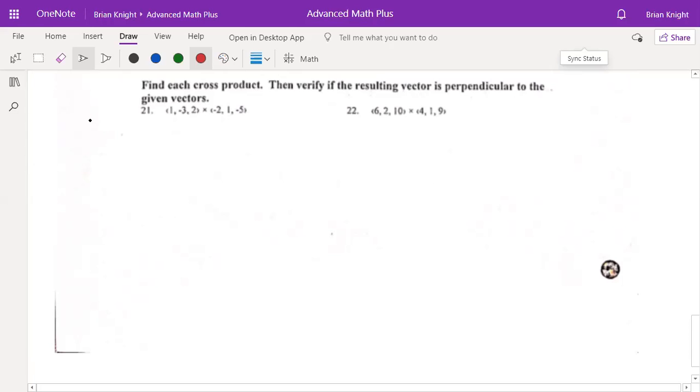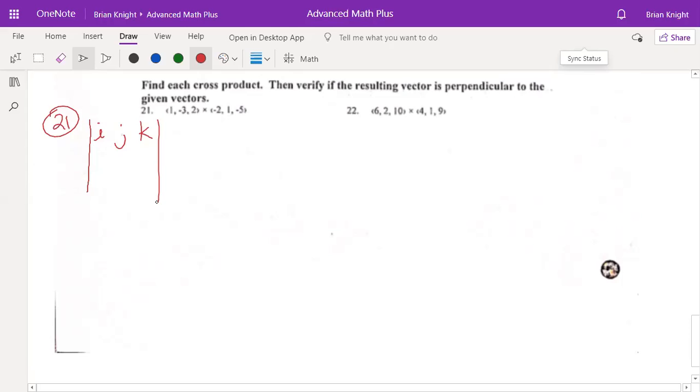So I'm going to start off. We'll label this one 21. This is going to be i, j, k. That is your top row. What do we call those again? I, j, and k are the what vectors? Unit vectors.